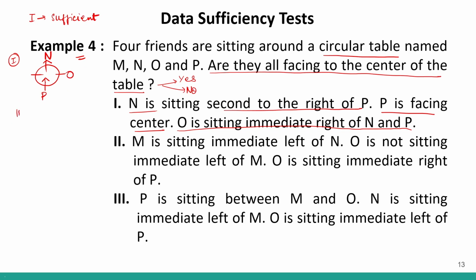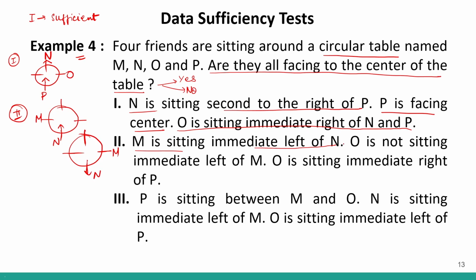Now let us look at statement 2. Statement 2 says that M is sitting immediately left of N. So, 1, 2, 3, 4. M is sitting immediately left of N. So, two possibilities are there. If N is facing this side, then M will be over here, immediately left. And if N is facing outside, M will be over here.